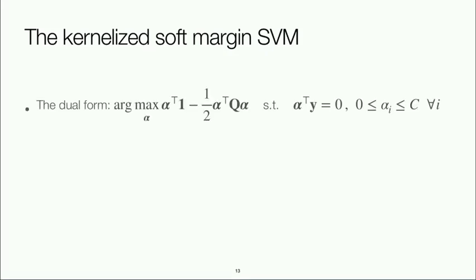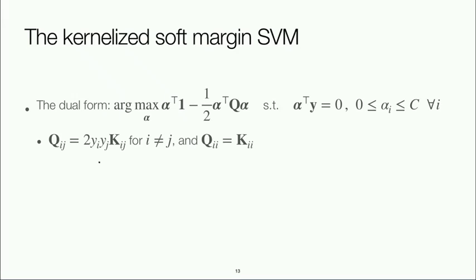So the kernelized soft margin SVM, sometimes people just call this the kernel SVM, is as follows. We have this exact same thing that we had before, the same optimization problem, but the Qs are now given by these expressions that are based on the kernel matrix. Before, what did we have here?